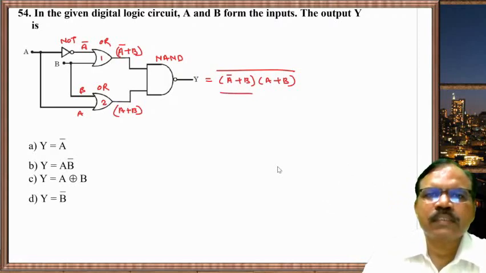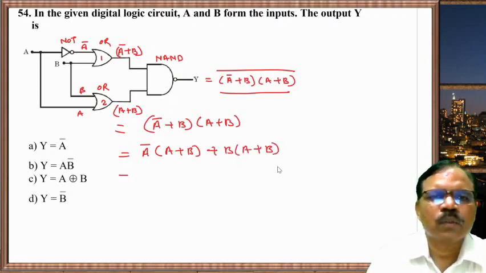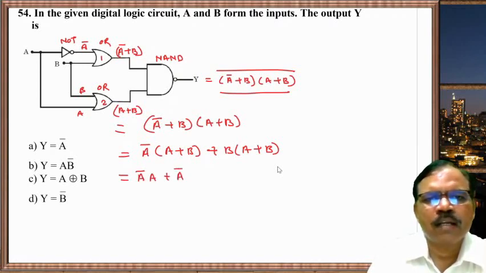Now let us take this part first, A bar plus B. We will simplify this first and then we will take the complement. You can write this as A bar into (A plus B) plus B into (A plus B). So A bar into A plus A bar into B plus BA plus BB.